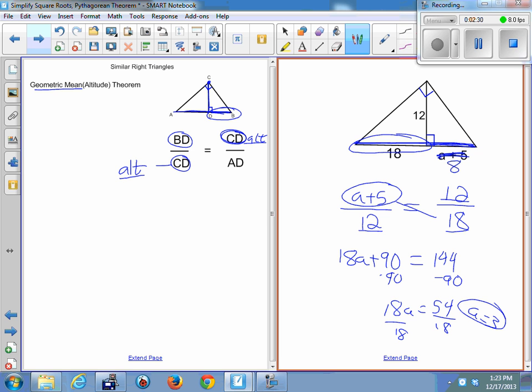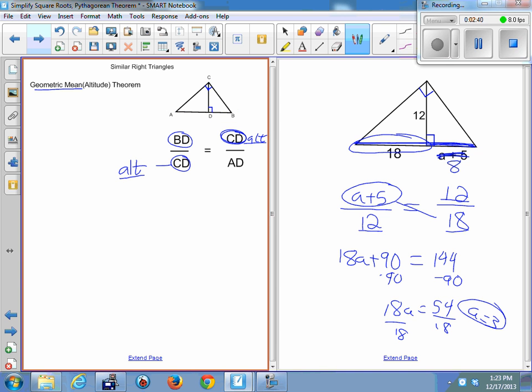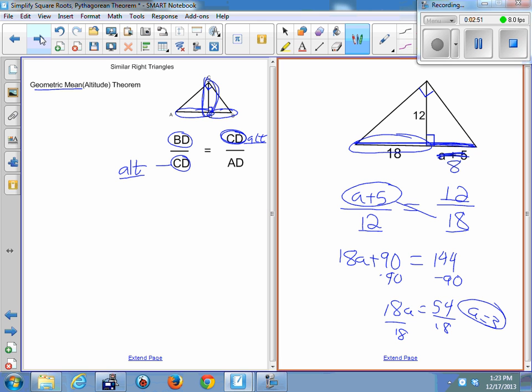So that's using the altitude. The altitude cuts it into two pieces. So we take the first piece to the altitude is the second piece to the altitude, or the altitude to the second piece. And we'll talk about some other of those in class.